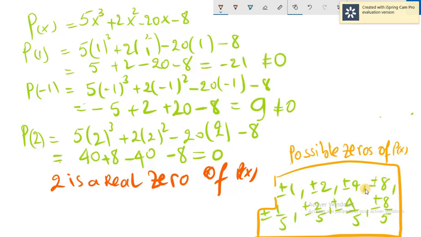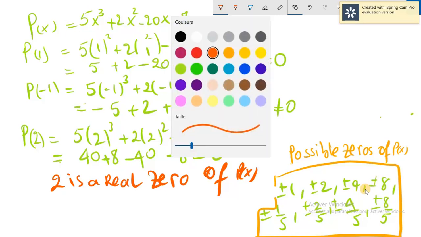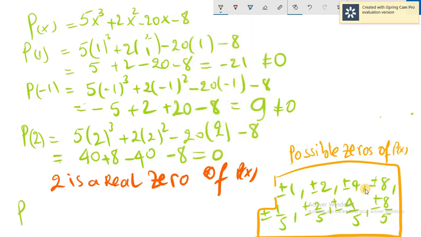So what about p of negative 2? Let's replace negative 2 into our polynomial function. P of negative 2 is equal to 5 times negative 2 cubed plus 2 times negative 2 squared minus 20 times negative 2 minus 8.